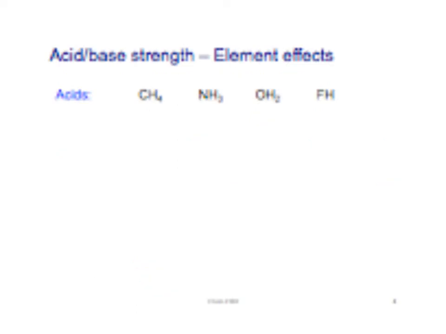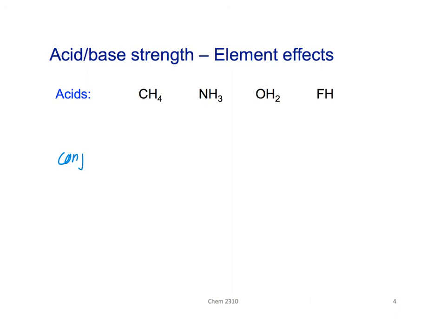Here's another set of acids. We have methane, ammonia, water, and hydrofluoric acid. So just like before, let's go ahead and draw out their conjugate bases. For something like methane on the left here, what do we do in order to draw its conjugate base?